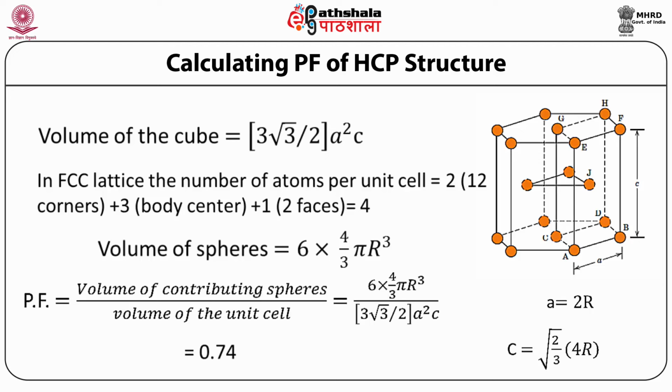So there are 6 atoms which are contributing to this structure, and when we divide it by the total volume of the unit cell, we get the same packing fraction as we got in the earlier structure. Though these two structures, FCC and HCP, are different, their packing fraction is the same. It means both structures contain the same mass in a given volume.